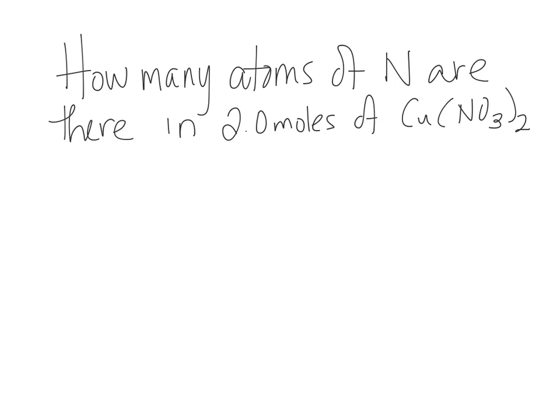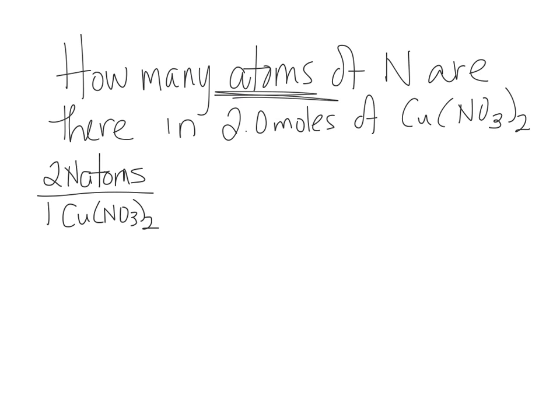The first ratio was 2 nitrogen atoms for 1 copper 2 nitrate. 2 nitrogens because there's a bracket 2. We use this ratio first because it's got the unit that we're looking for, atoms. So multiply this.